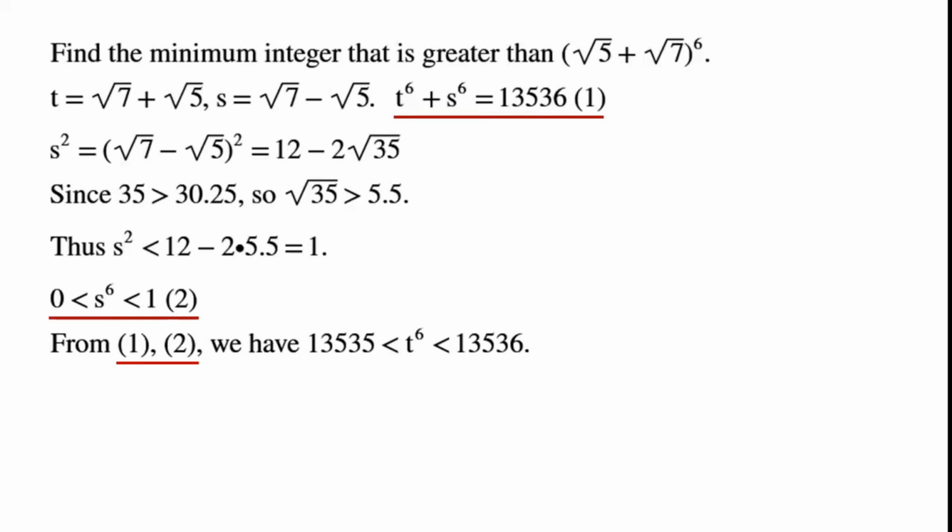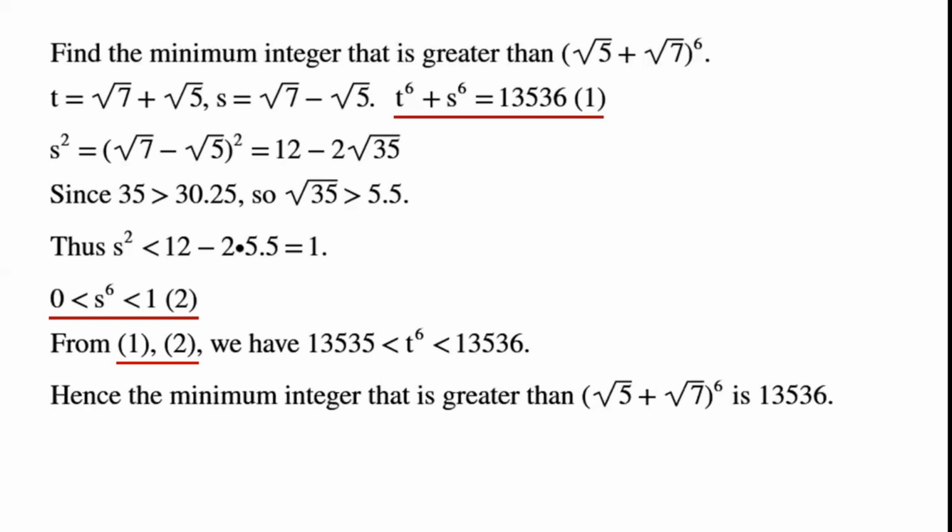From 1 and 2, we have 13,535 is less than t⁶, which is less than 13,536.